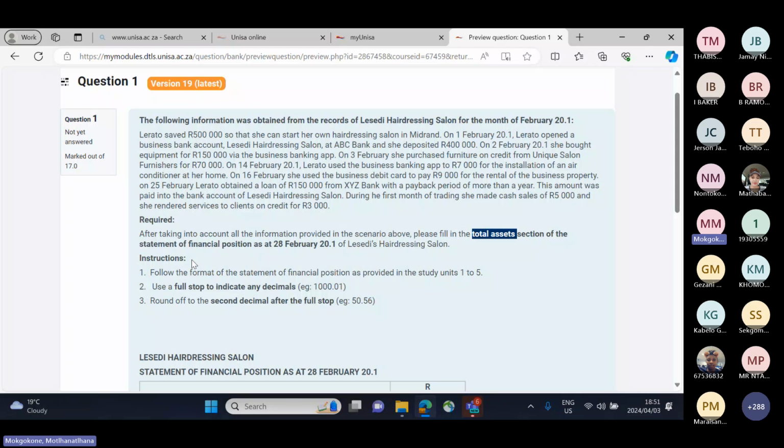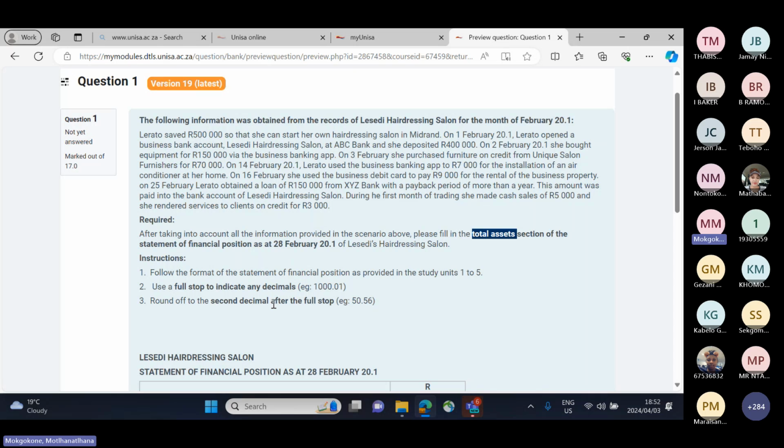Here are our instructions. Instruction number one: follow the format of the statement of financial position as provided in study units 1 to 5. If you go to study unit 1 to 5, either one, there's a format of the statement of financial position, which was previously called the balance sheet. Instruction two: use a full stop to indicate any decimal, for example 1000.01.